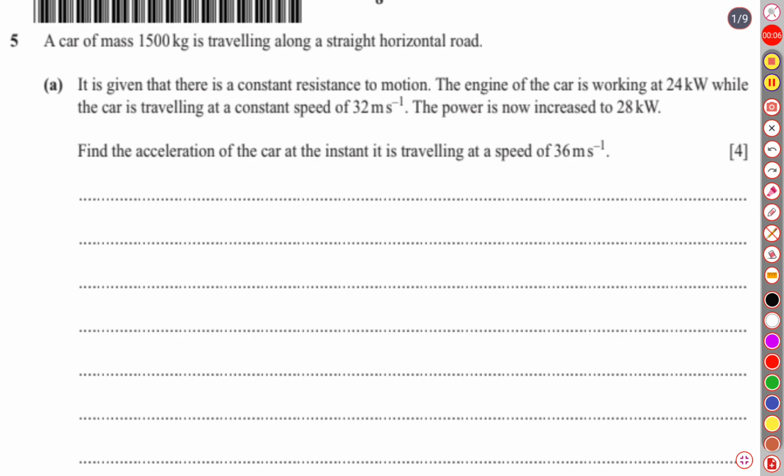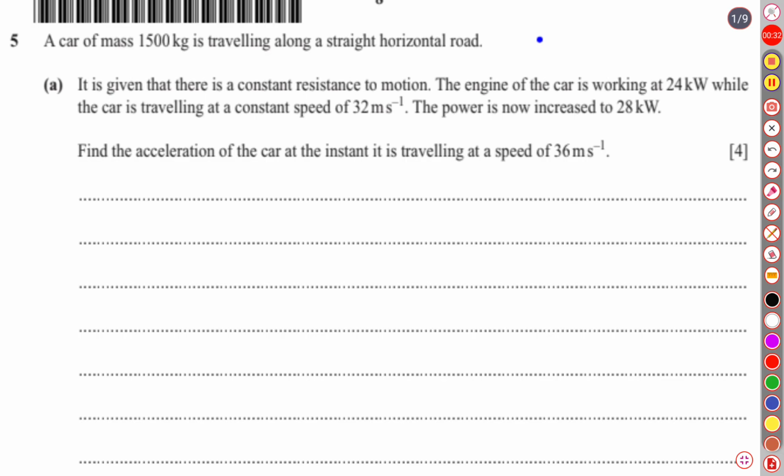Today we are going to solve a question from mechanics, and this question belongs to paper 9709/45 for the session May June 25. Let's solve question number 5, which says a car of mass 1500 kg is traveling along a straight horizontal road. It is given that there is a constant resistance to motion.